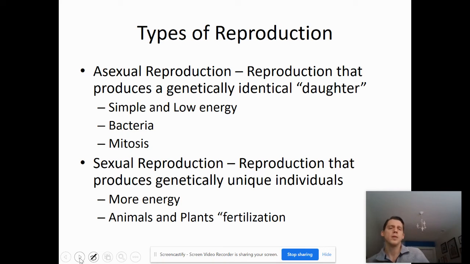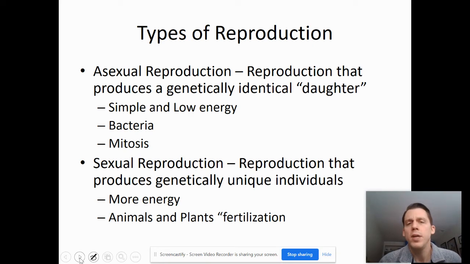All right, and this will lead us into the different types of reproduction. So there are 2 different ways that living things can reproduce. There is asexual reproduction, and then there is sexual reproduction. So let's talk first about asexual reproduction. Asexual reproduction is going to produce a genetically identical daughter cell.